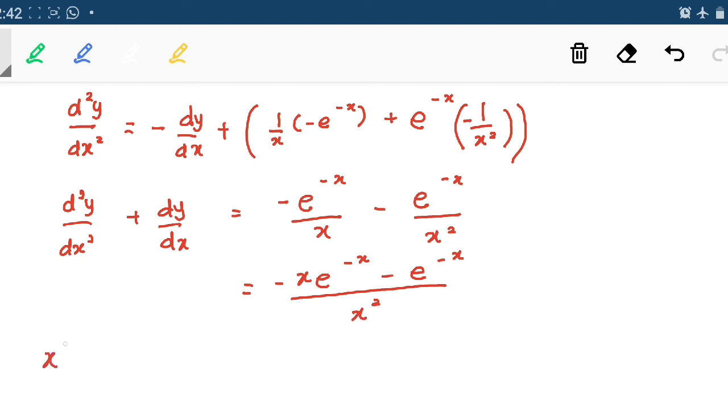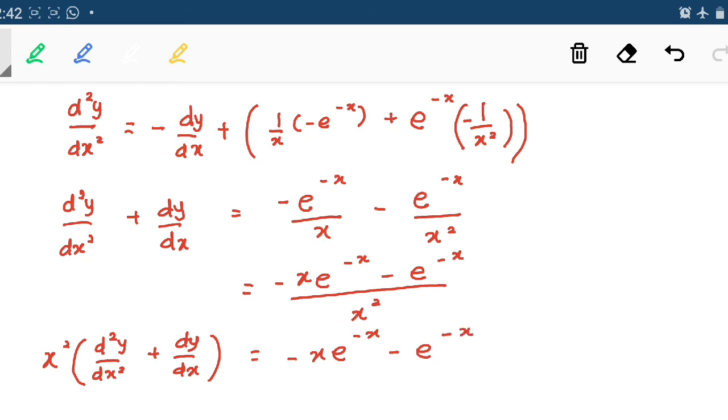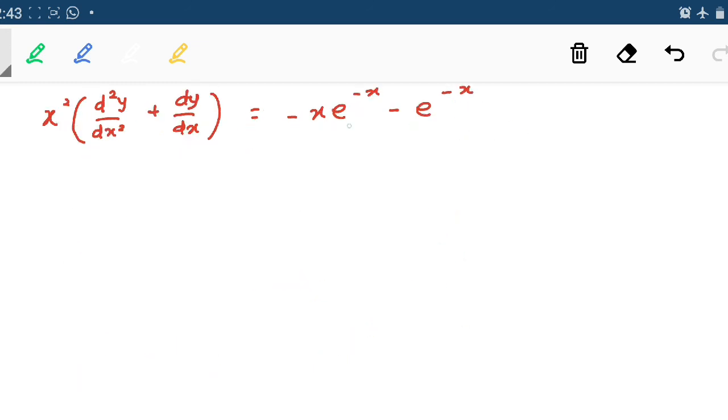So I get x squared in bracket d squared y over dx squared plus dy over dx equal to negative x e power of negative x minus e power of negative x. For the right hand side, I can factorize out e power of negative x.